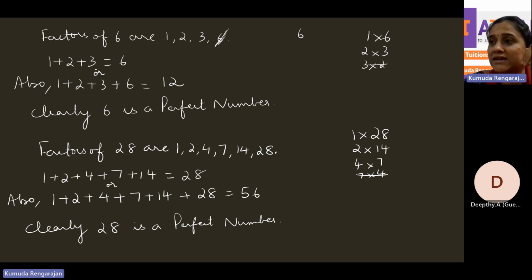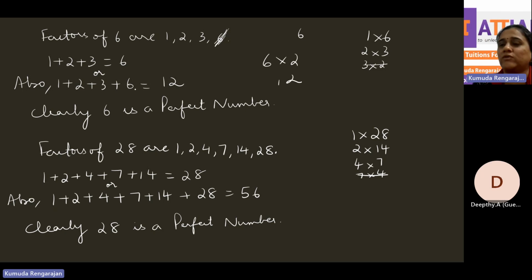Now, ignoring the factor 6 itself, 1 plus 2 plus 3 is 6, the given number. If you add the factor 6 also, 1 plus 2 plus 3 plus 6, you will get twice the given number. 6 is the given number, you will get 12 as a sum.